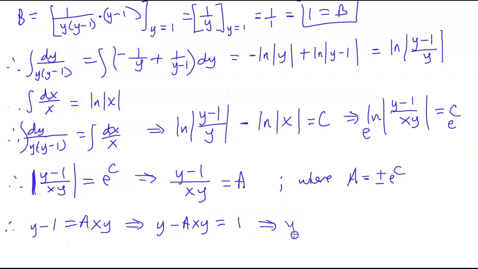I'm going to factor out the y on both terms on the left. And then what this ends up looking like here is y is equal to 1 over 1 minus a times x. And so this would actually end up being our general non-constant solution here, okay?